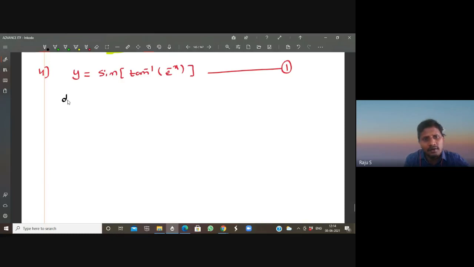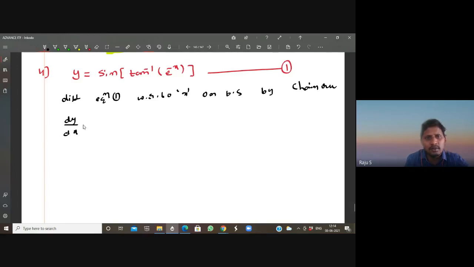Okay, same. Differentiate equation 1 with respect to x on both sides by chain rule. Now left side is clearly dy by dx, right side d by dx of the given function you can write here.